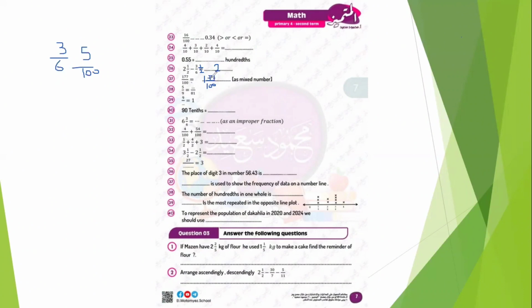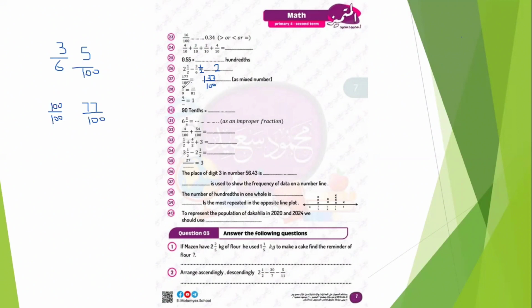Or by another method, I can separate 177 into 100 out of 100 and also 77 out of 100. 100 out of 100 equals 1, and 77 out of 100 stays, so it will be 1 and 77 out of 100.